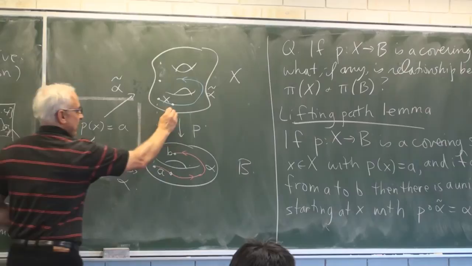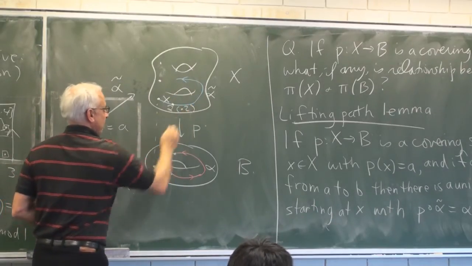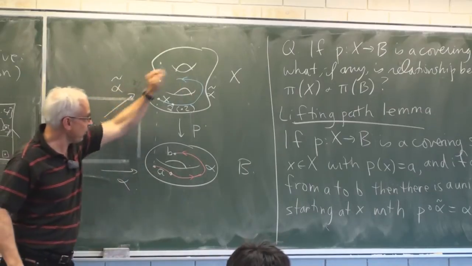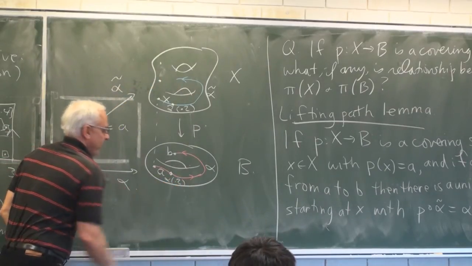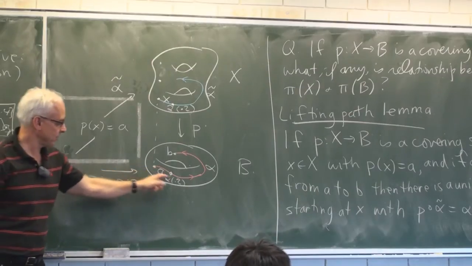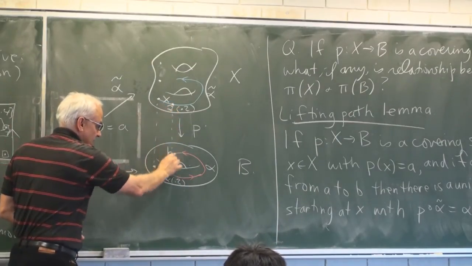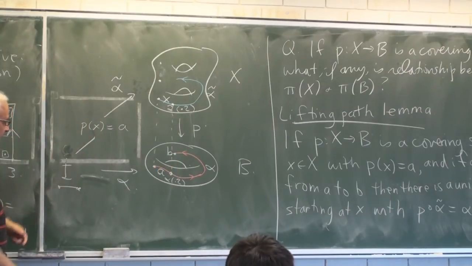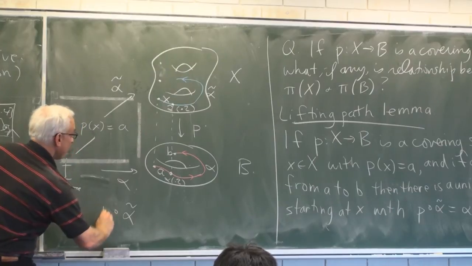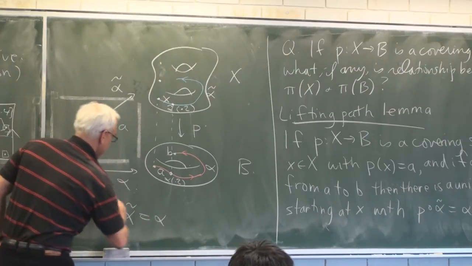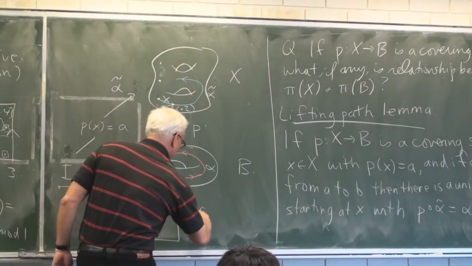So for example, this might be alpha tilde of maybe 0.2, because we're 0.2 of the way along the curve. And here is alpha of 0.2 along the way. And we want that this point sits right above there, which is the statement that alpha tilde composed with P equals alpha. This is the lifting property.